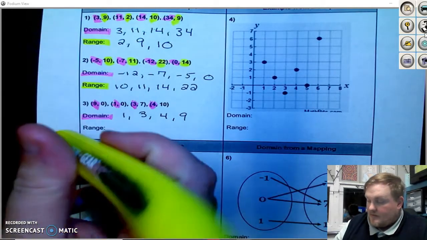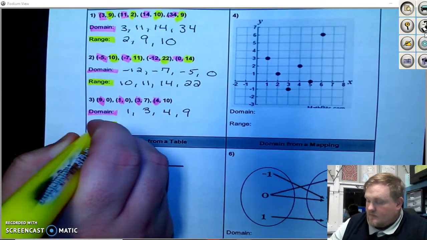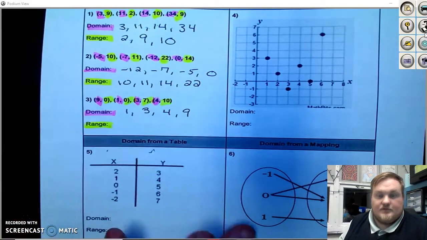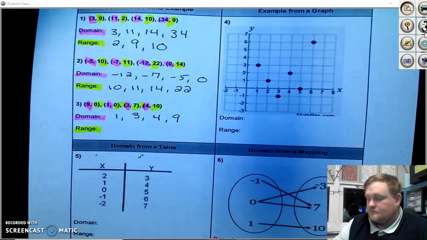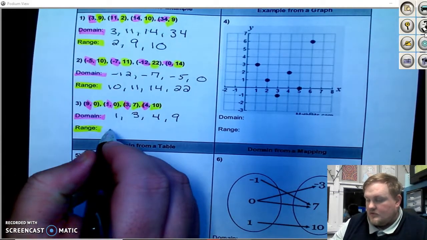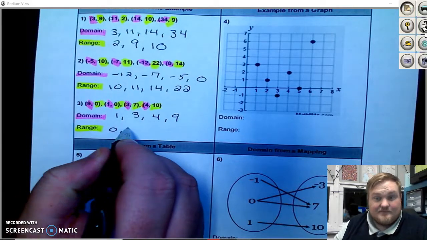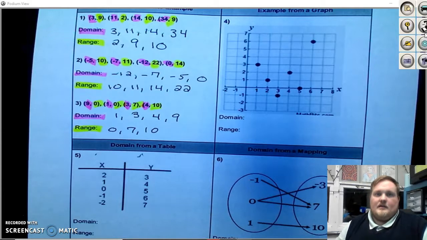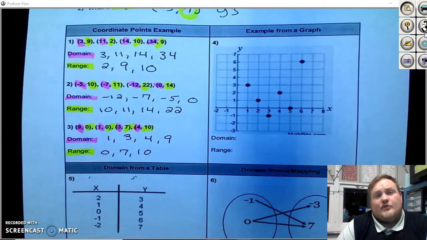And your range will be the 0, the 0, the 7, the 10, because those are your y's. You don't have to write the 0 twice. 0, 7, 10. Okay? That's how to find domain and range when you're given ordered pairs.